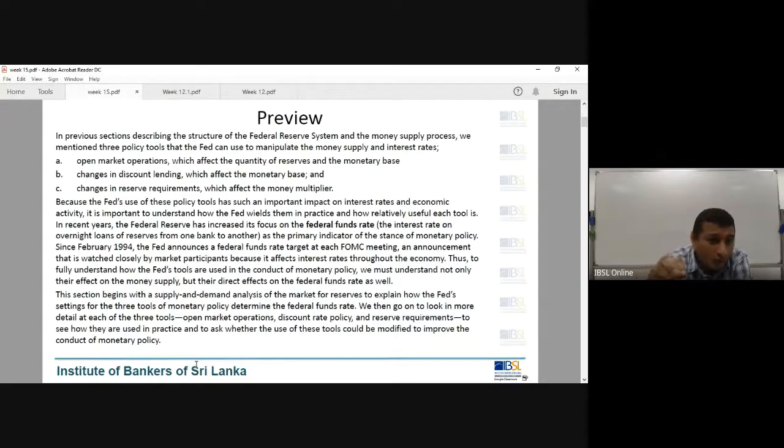In Sri Lanka, it is the call money rate. In the Sri Lankan market, banks lend to another bank, and the call money transaction often happens without underlying collateral.